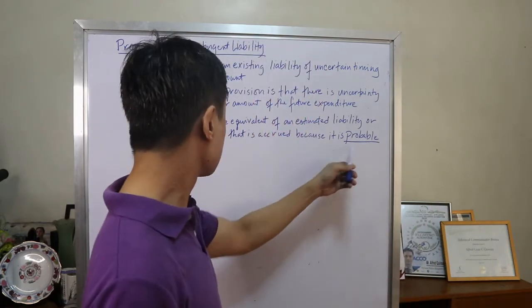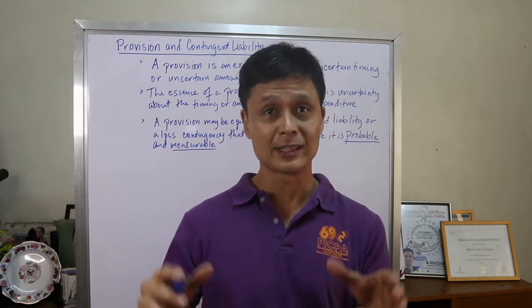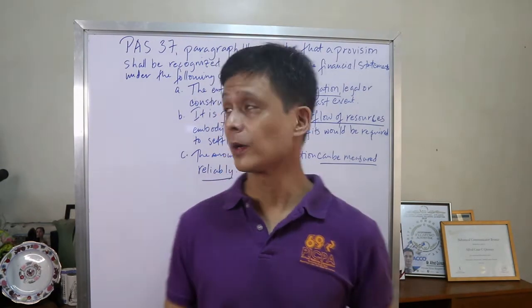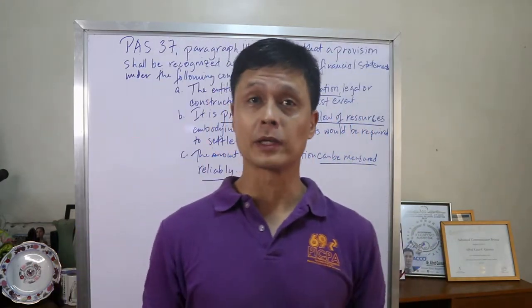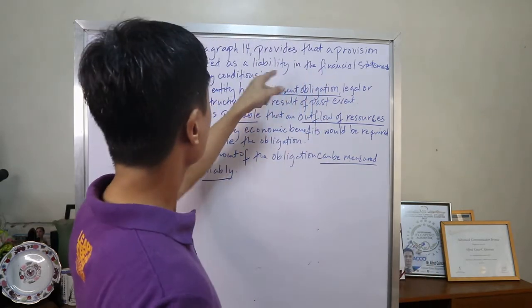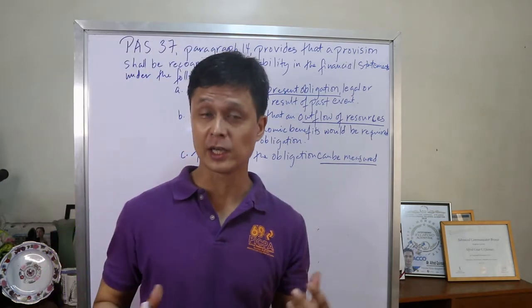If it's probable and measurable, so you can say that there is already a provision. Again, PAS 37, paragraph 14 provides the requirements para ma-recognize as a liability, or provides that a provision shall be recognized as a liability in the financial statement.